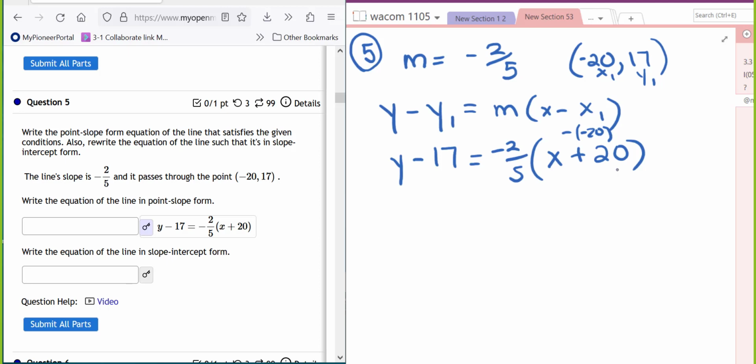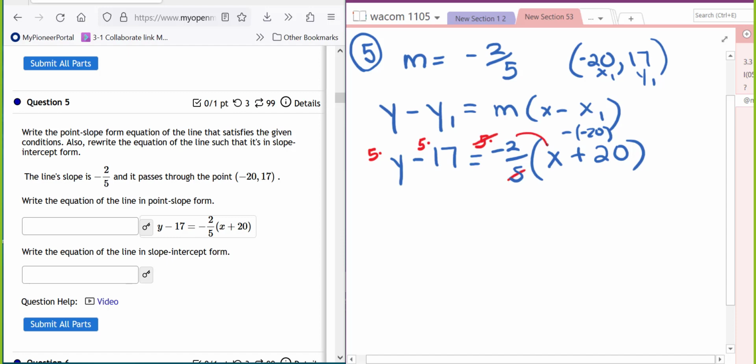All right, now they want to get slope intercept form. So you need to clear that fraction out. Multiply through by 5. And if you're great with fractions, you can distribute it, but then you're going to have to add and get a common denominator. That is way too much work.